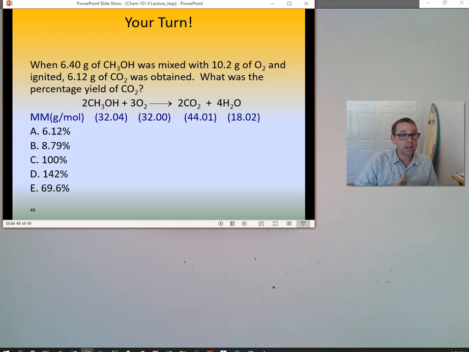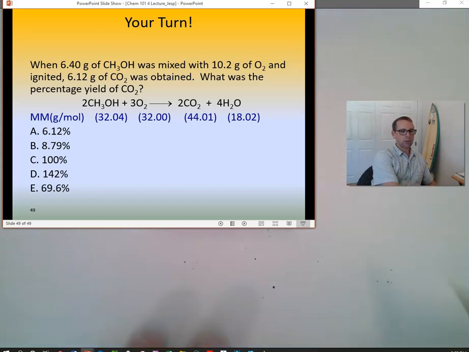And then do it a second time, take the 6.4 grams of methanol, CH3OH, and tell me how many grams of carbon dioxide I would expect. All right. Then we find the one that's the lowest value, and that lowest value should be our theoretical yield. Okay. So, if you haven't done that yet, take the time to do it now.